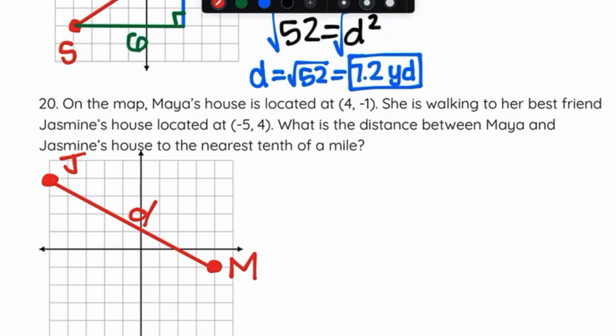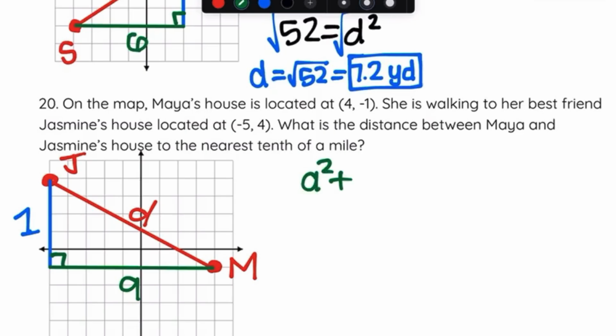Positive 4, negative 1, negative 5, positive 4. Yep. So now I just go straight down and count. So 1, 2, 3, 4, and then one more. And then straight across. 1, 2, 3, 4, 5, 6, 7, 8, 9.